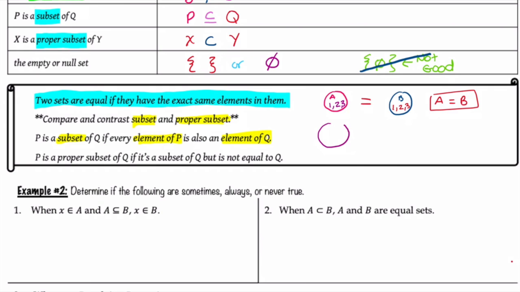Let's say I have a set Q. P is a subset of set Q. If P is a subset of Q, that means that every element in P will also be an element of Q. Every single piece in set P, whatever members are in that set P, will also be members in set Q.